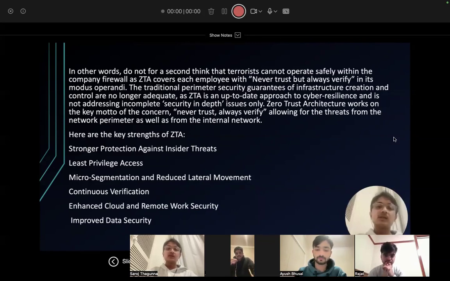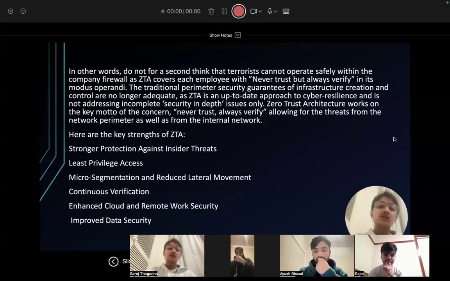The traditional perimeter security is no longer adequate, as zero trust architecture is an up-to-date approach that builds cyber resilience and works on the motto never trust but always verify, allowing for threats from the network perimeter as well as from the internal network.